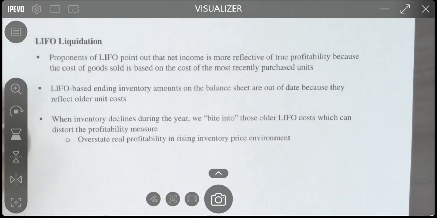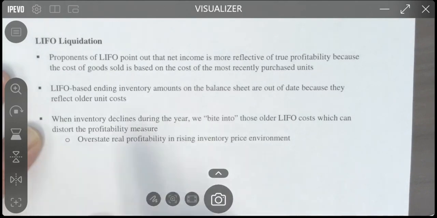With FIFO, the net income is less reflective of the true profitability, but the ending inventory balance is more reflective of the real-world value. When inventory declines during the year, we, quote, bite into those older LIFO costs when we're using LIFO, which can distort the profitability measure.